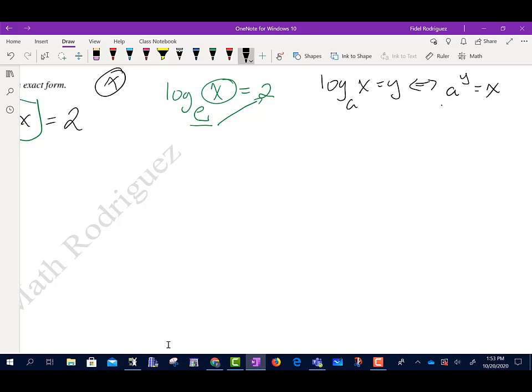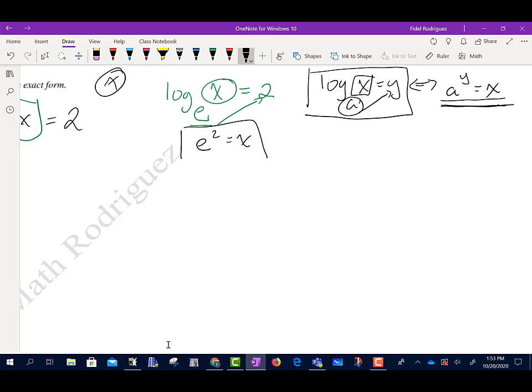So notice what we have here. When we have it in logarithmic form, the way we convert it to exponential form is we're going to say my base number raised to that power is going to be equal to this guy right here. That's exactly what we have right there. So e squared is equal to x. So when I come back here, that's just what my answer happens to be.